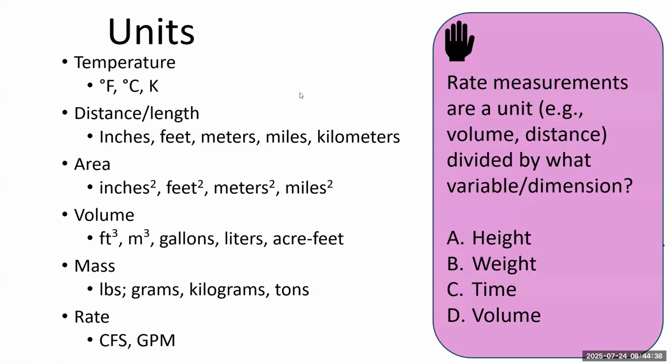Yeah, thanks, guys. So yeah, it's C, it's time. Rate is always a representation of some kind of unit like volume or distance over time. And that's how we know that it's a rate or considered to be a rate.